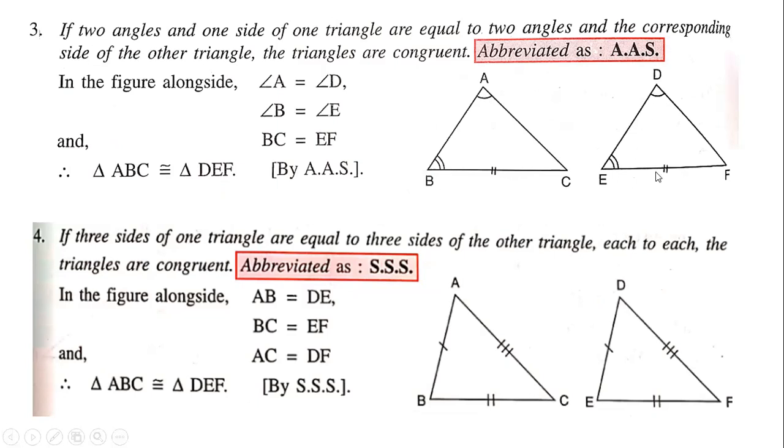Angle, angle, next side. If two angles and one side of the triangle are equal to two angles and the corresponding side of the other triangle, then the triangles are congruent by angle, angle, side. Angle A is equal to angle D, angle B is equal to angle E, side BC is equal to side EF. This is angle, angle, side.